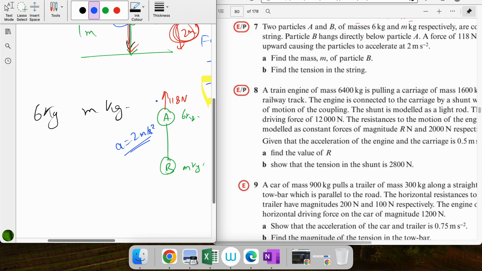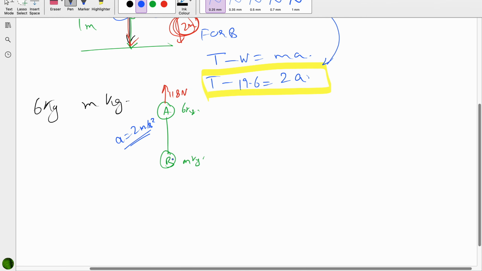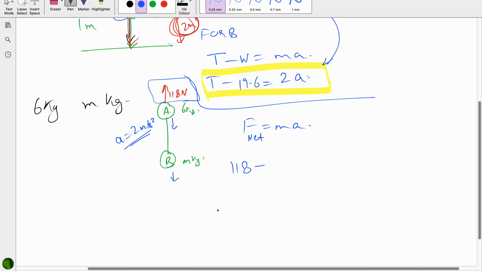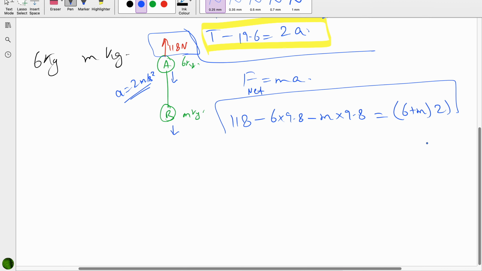Find the mass of particle B. So we have the acceleration, and if we use our equation F equals ma, where F is the net force, it is the upward force, which is 118, minus the downward force, which is the weight of A and weight of B. So weight of A should be 6 into 9.8, and weight of B is mass into 9.8, equals the total mass 6 plus m, and acceleration is given, which is 2. So the only unknown in this equation is mass.